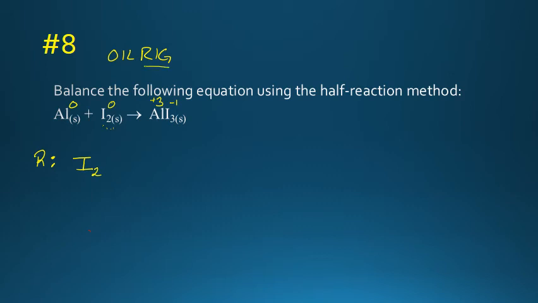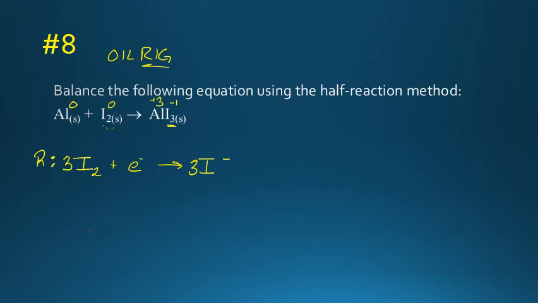Reduction is gain, so you write it as a, oh look, there's an R, as a reactant. And that became the iodine ion. However, I have 3 iodine ions. Well, now we have a serious problem because the 2 and the 3, well, that doesn't work. So I'm going to go ahead and go with the least common multiple.